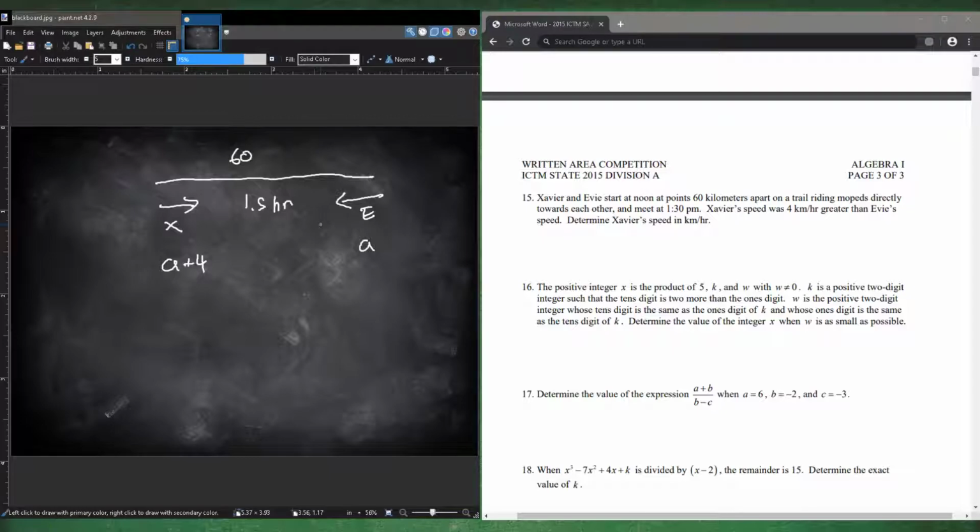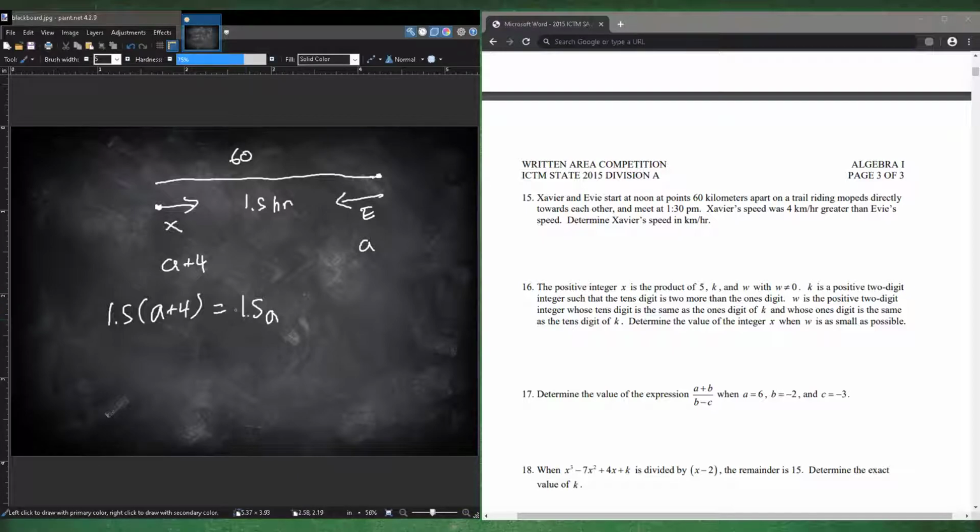So we're going to be keeping track of their positions. Let's say Xavier starts at 0, and Evie starts at 60, so they're 60 apart. Xavier's rate, which is a plus 4, times his time, which is 1.5, plus his initial position, which is 0, so it does nothing, is equal to where Evie is at that time, which is 1.5 times her speed, a.